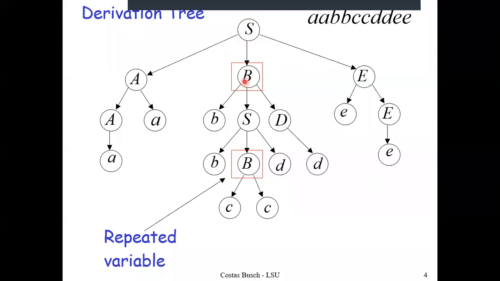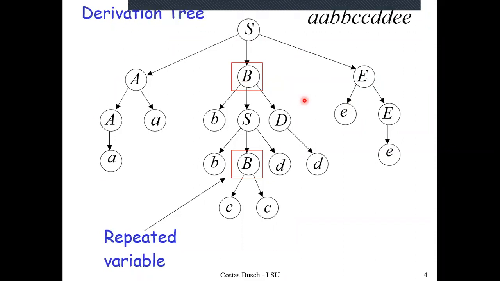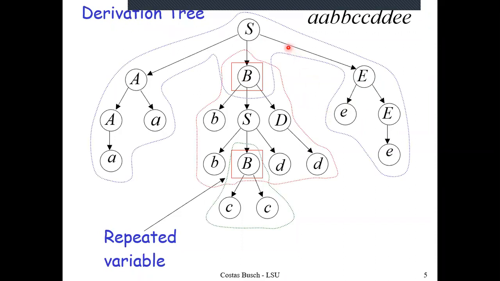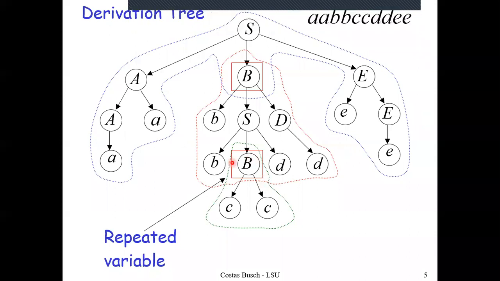Now, this repetition of the variable b helps us out in decomposing this parse tree into 3 subtrees. Let's see how those 3 subtrees look. So this outer subtree is outlined by the blue dotted line, and its root is the starting variable S. Then I have an inner subtree, which is outlined by the green dotted line, and its root is the variable b.